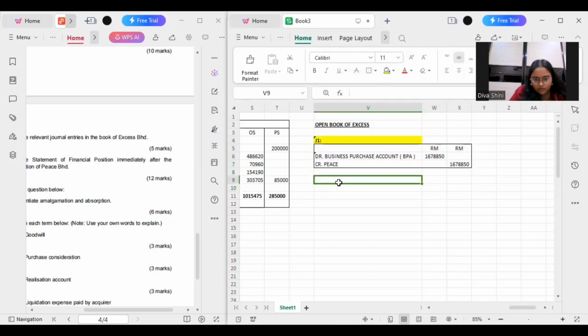Okay, then for journal 2, we also need to carry in all the assets.